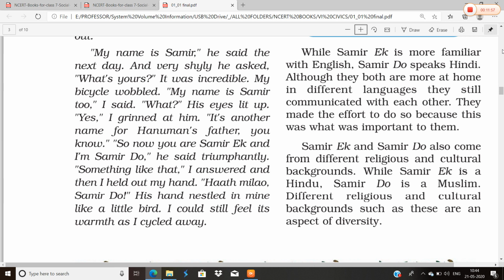As I held his hand, it was such a small hand, such a young boy, that his hand came completely into mine. Samir Ek said that he could still feel its warmth as he cycled away. As the signal started again, the boy had to leave and cycled away, but the warmth of his hand he could still feel in his own hand.